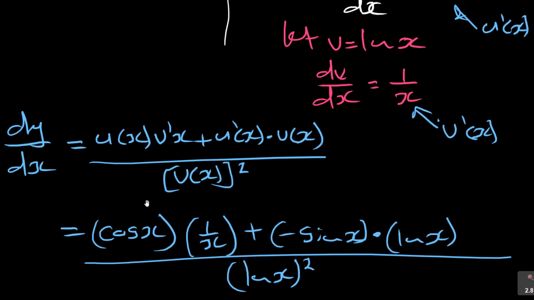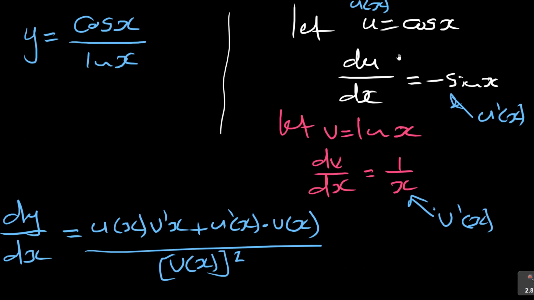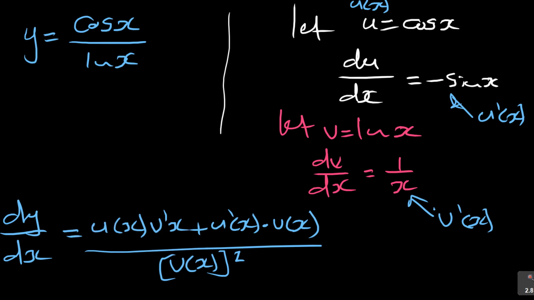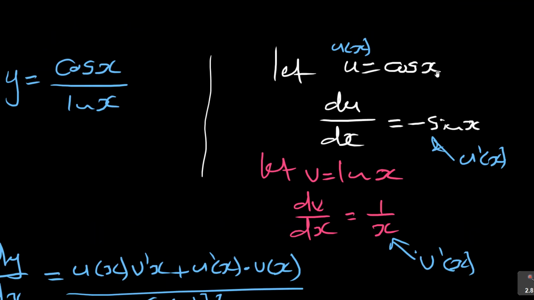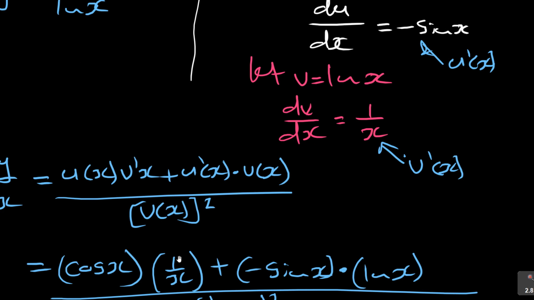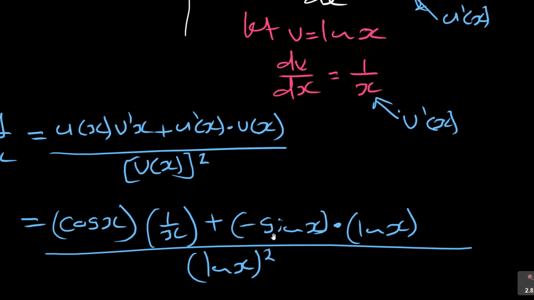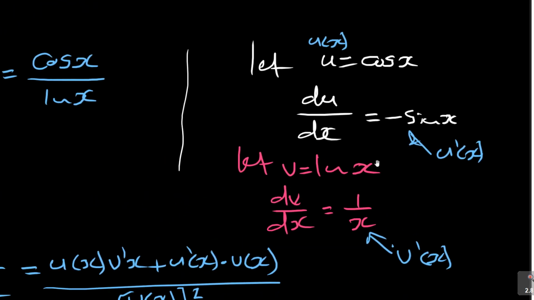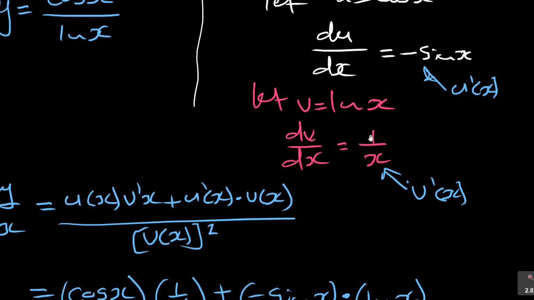Alright, so basically, did I write it right? Let me check again the formula. The formula said u of x, derivative of v. Yeah, that is that. So my u was cos x, the derivative of v is 1 over x, and then plus the derivative of u, which was negative sin x, times v of x, ln x.